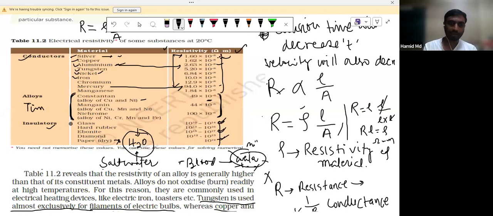But see glass, hard rubber, ebonite or diamond. The resistivity is of the order of 10 to the power 13, 14, 16. So it is tough to flow current through glass. Diamond is a form of carbon.